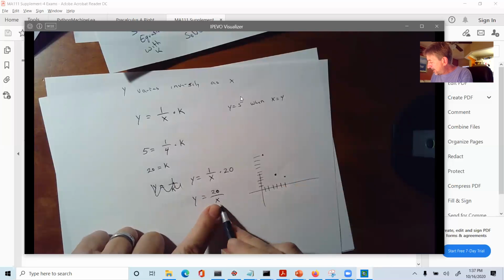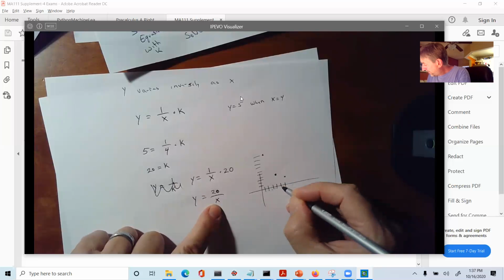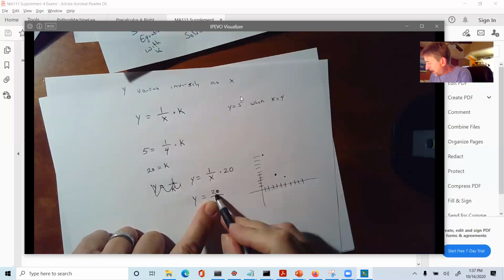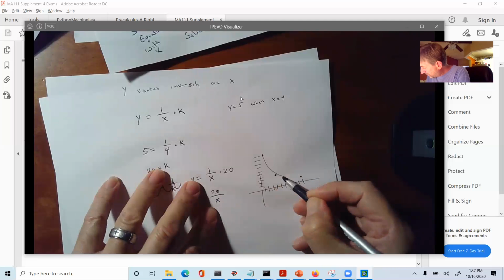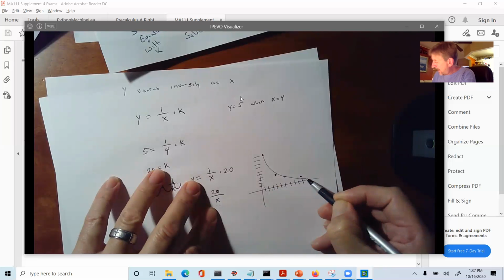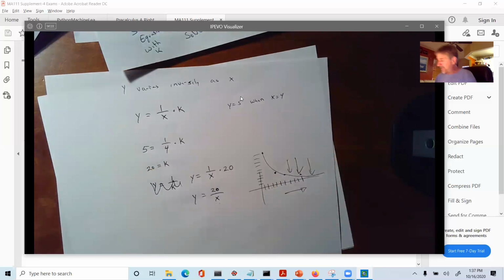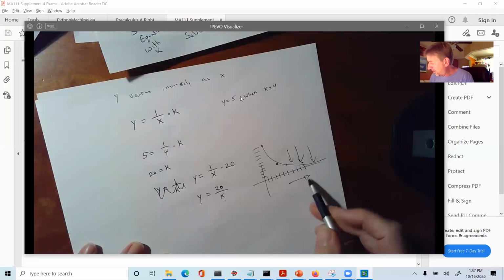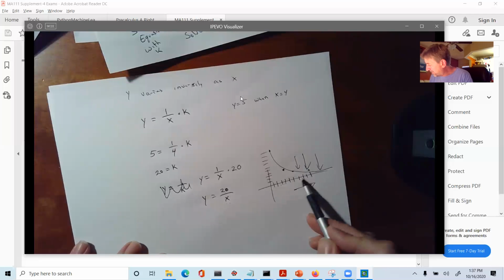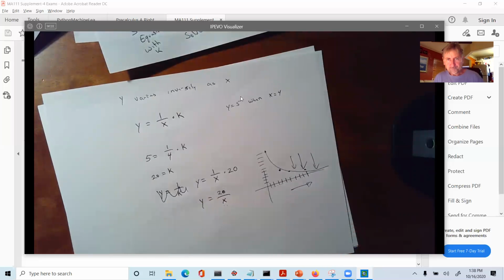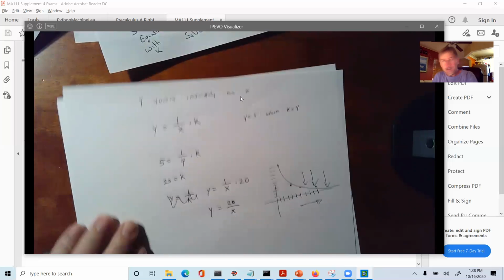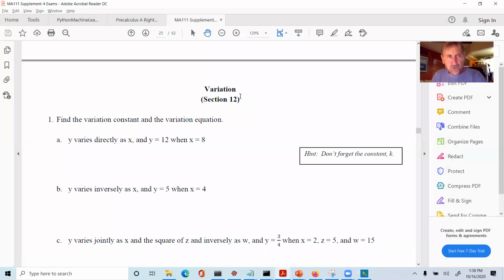When x is 10, y is 2. So we get what's called an inverse relationship. As x gets bigger, my y values are coming down. And the opposite is true too. As x gets smaller, my y values are getting bigger. All right, that was number 1B in the supplement.